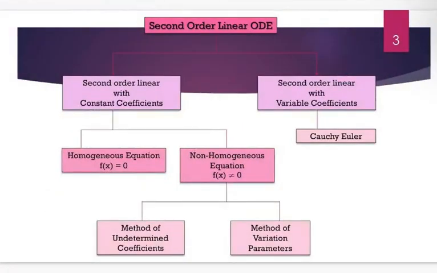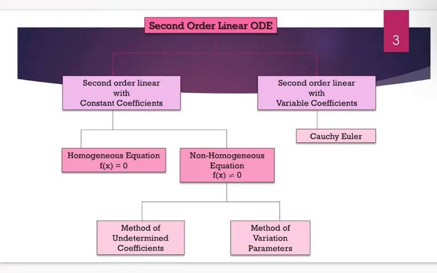So this is the chart where we have a second order linear differential equation. For second order with constant coefficient, we will look at the equation where f(x) equal to 0. If we have f(x) equal to 0, then we call this equation a homogeneous equation.